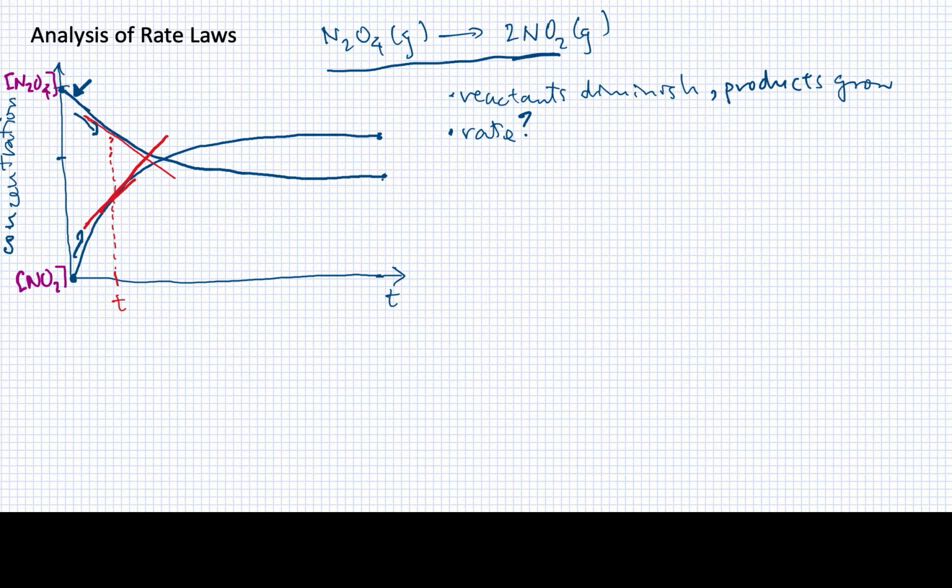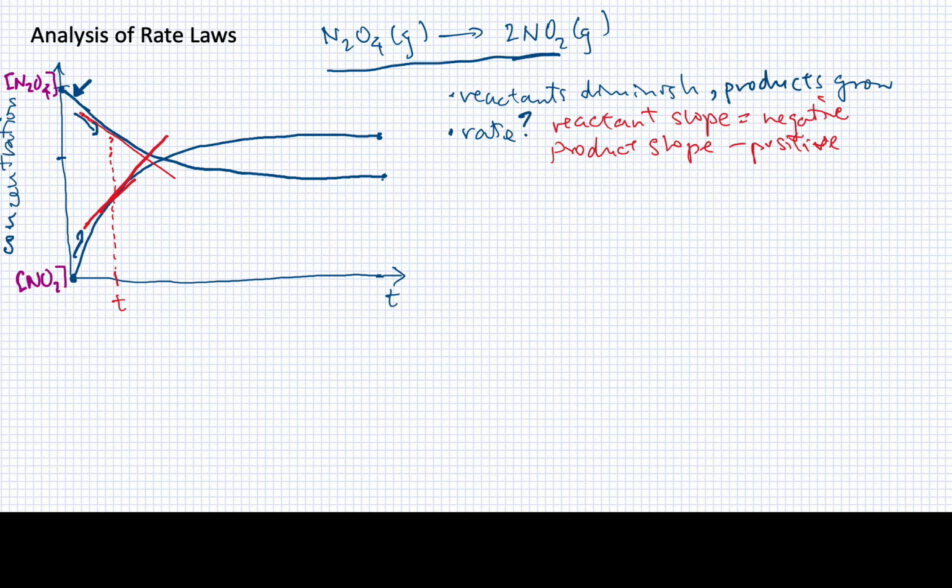Okay, now one thing to observe: the reactant slope is negative, and the product slope is positive. And that's just another way of saying what we said in the first point, that reactants diminish and products grow.